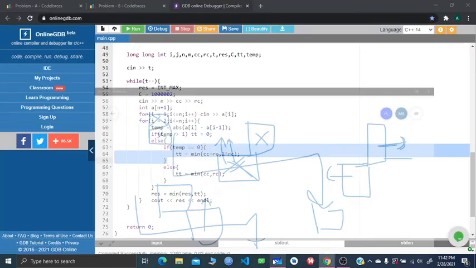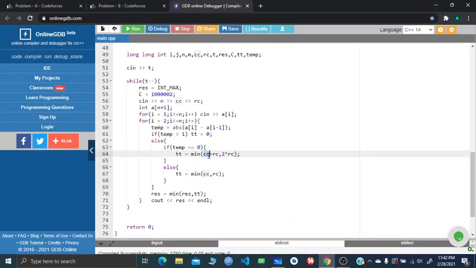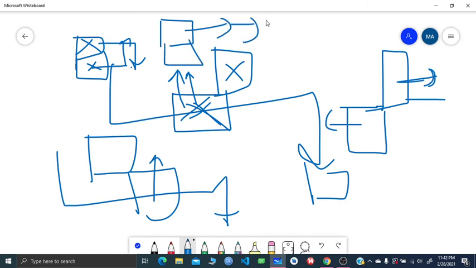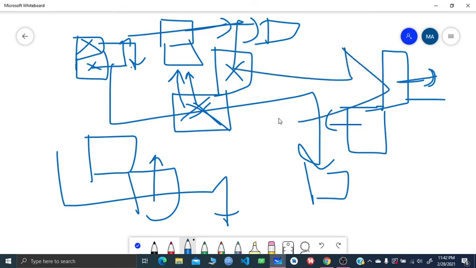For this part, the cost can be either CC plus RC or 2 times RC. CC plus RC means I transfer this blockage to this, or this blockage to this. And 2 times RC refers to this, 2 times just like that. Then I just go here.